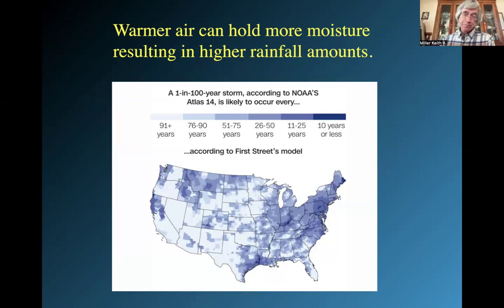And this is a diagram from NOAA, and it's a projection about the intensity of rainfall events moving into the future.